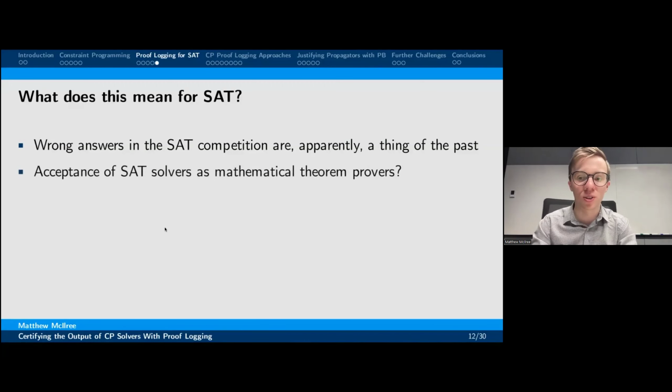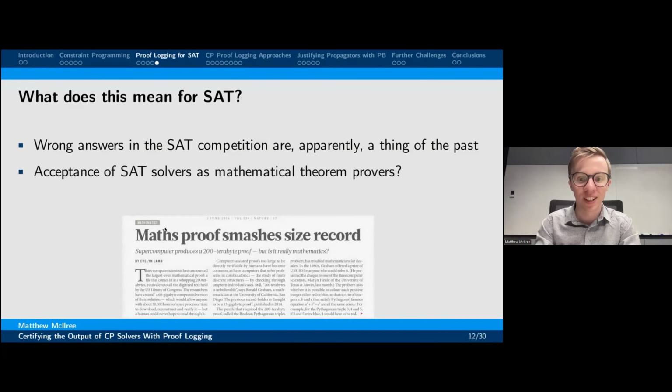And also there's at least a little bit of acceptance of SAT solvers as being mathematical theorem provers. So there's some exciting headlines that you can look up in even non-academic media about gigantic maths proofs establishing long unknown conjectures. And this is mostly the work of McIlree and Hoyle, running supercomputers, which effectively are running a SAT solver and producing a DRAT proof.